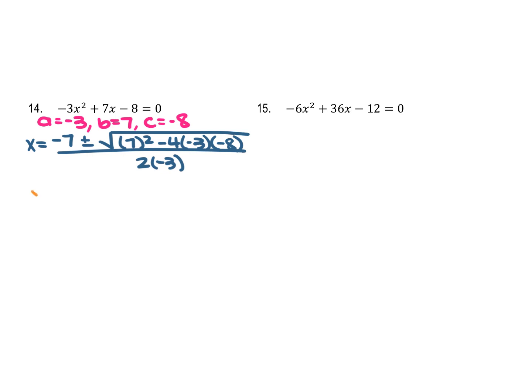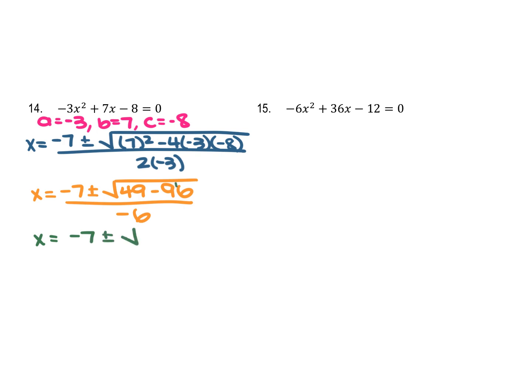From here, we're going to have negative 7 plus or minus the square root of 49. The 4 times 3 is 12. 12 times negative 8 is negative 96. And this is all over negative 6. From here, you have negative 7 plus or minus the square root of 49 minus 96.